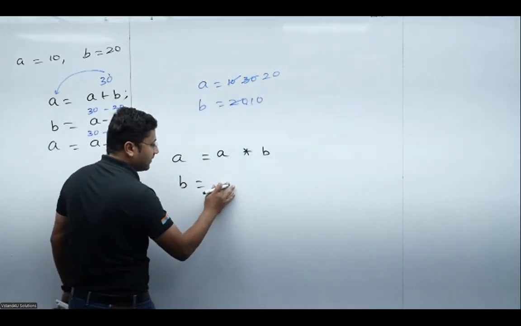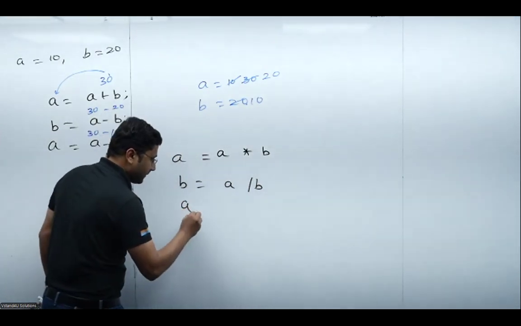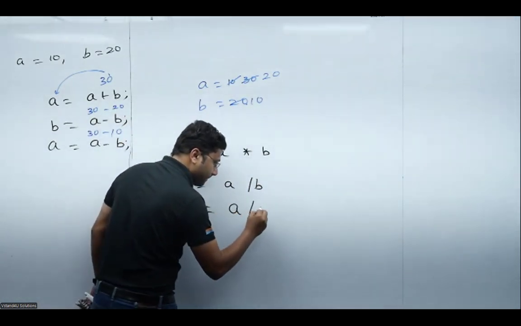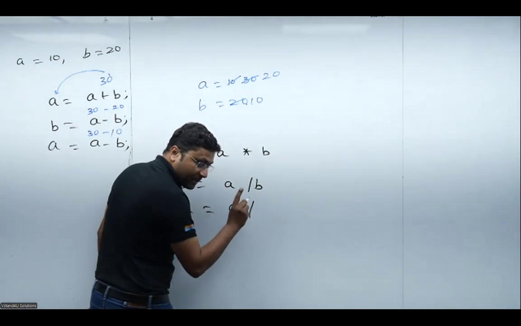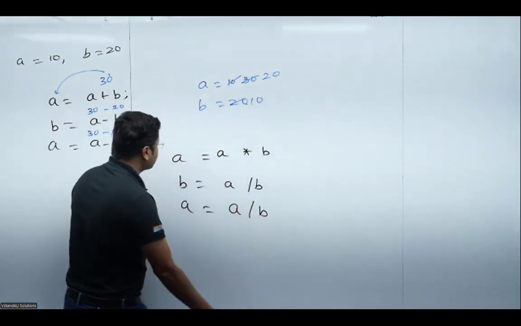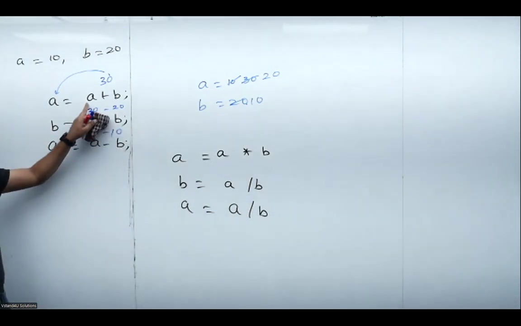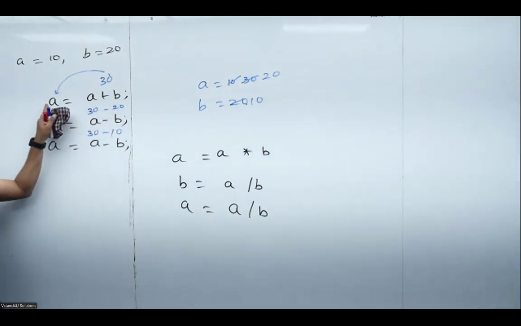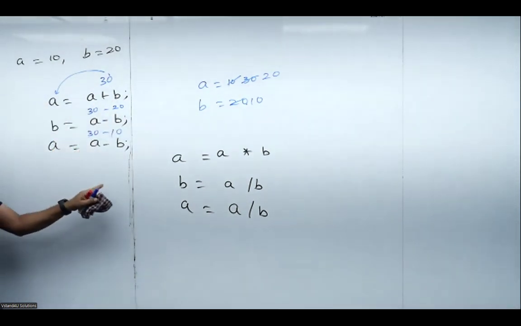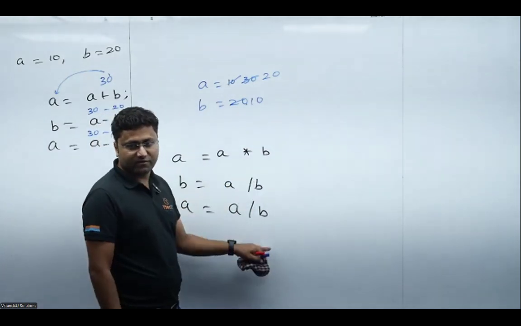B equals A by B, A equals A by B. You need to remember A plus B, then take the other variable where you are not keeping, then A minus B. Same here: multiplication is there, division is there.